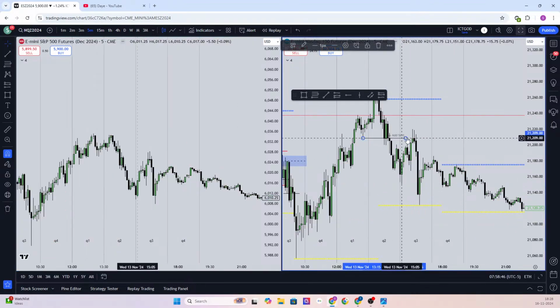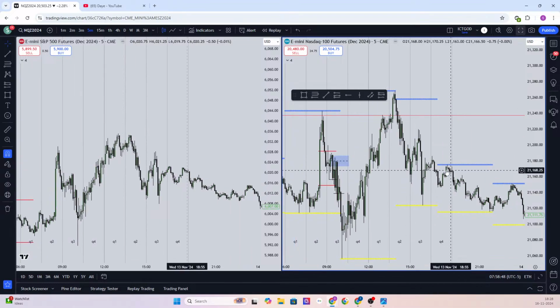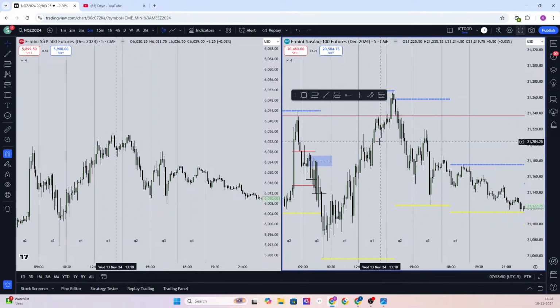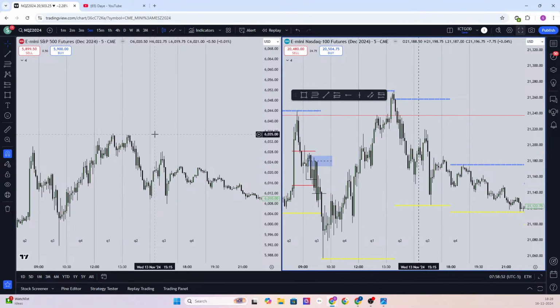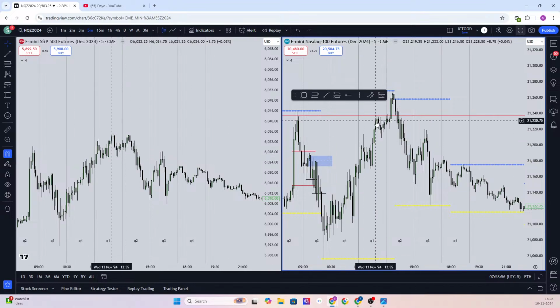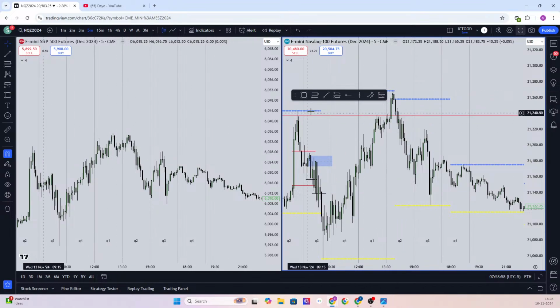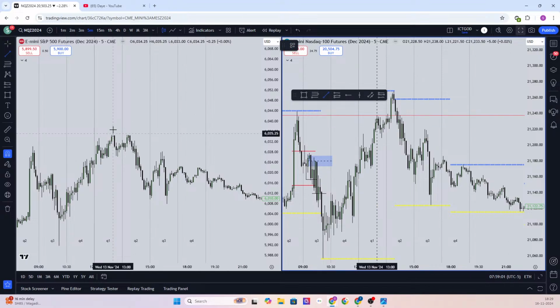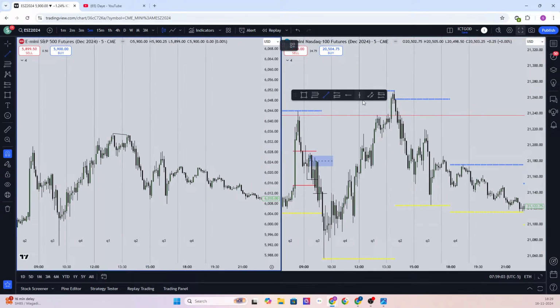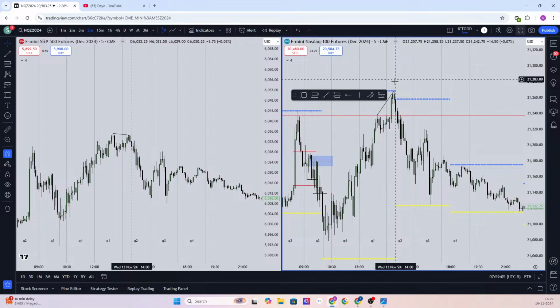This is some PM session quarterly theory trade that you could have taken, or you have an SMT here as well. This high was never taken, so we have a small little SMT here, right? So any break below this with an FEG target lower, that's all.